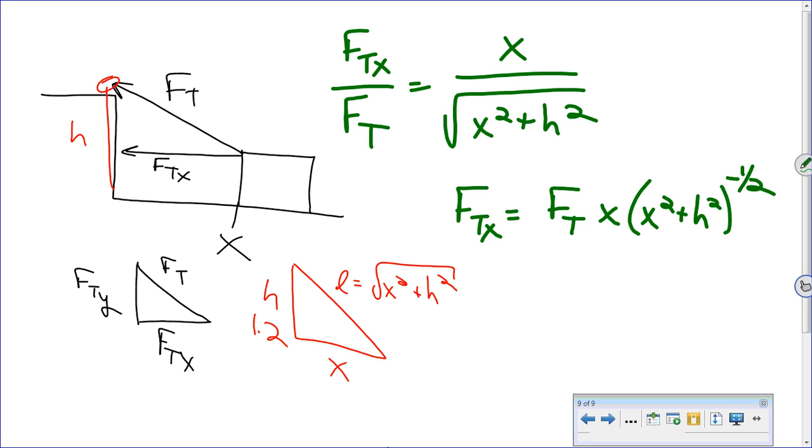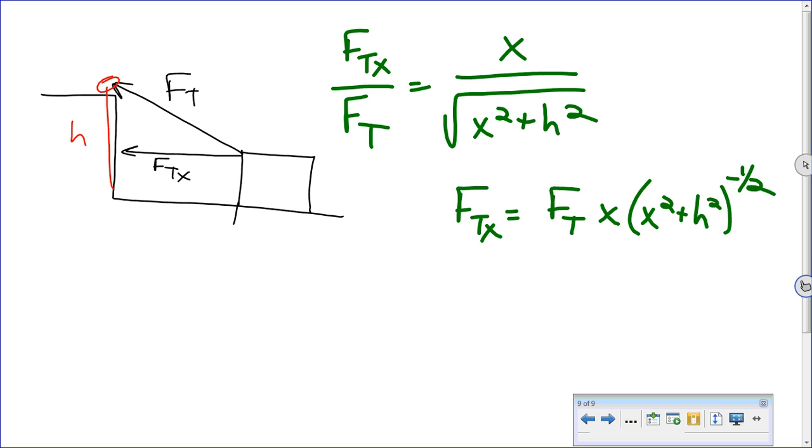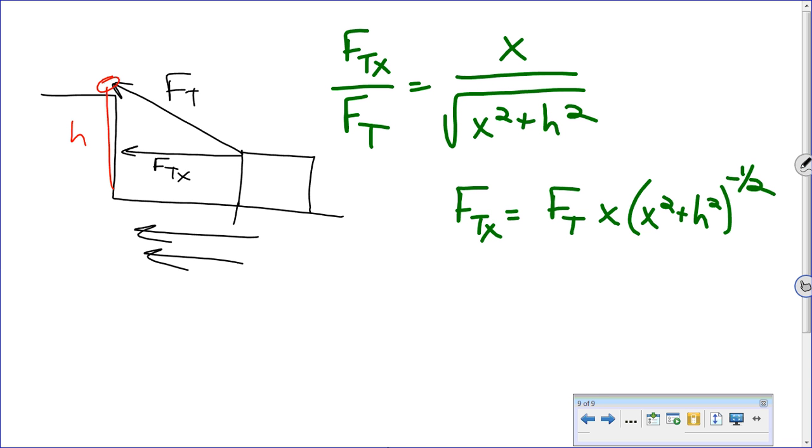Follow? Okay, this is a really good example of a good use of an integral. So now what we want to do is the work done by our force. Because our displacement is horizontal and our force is horizontal, we can just multiply those, right?